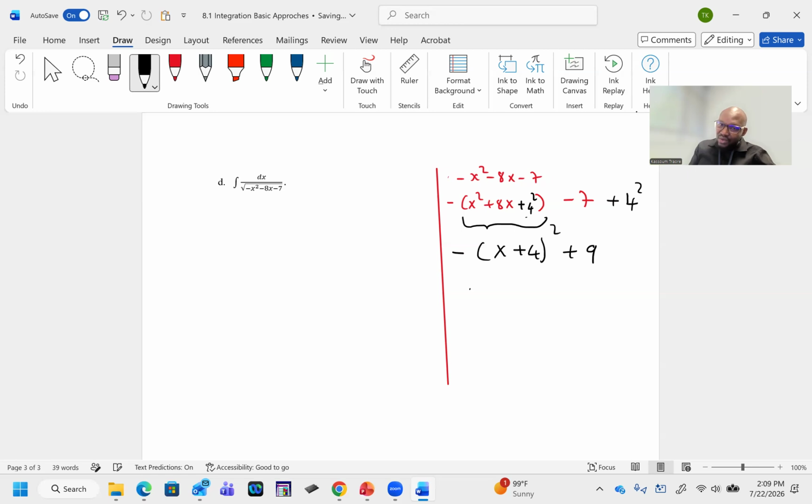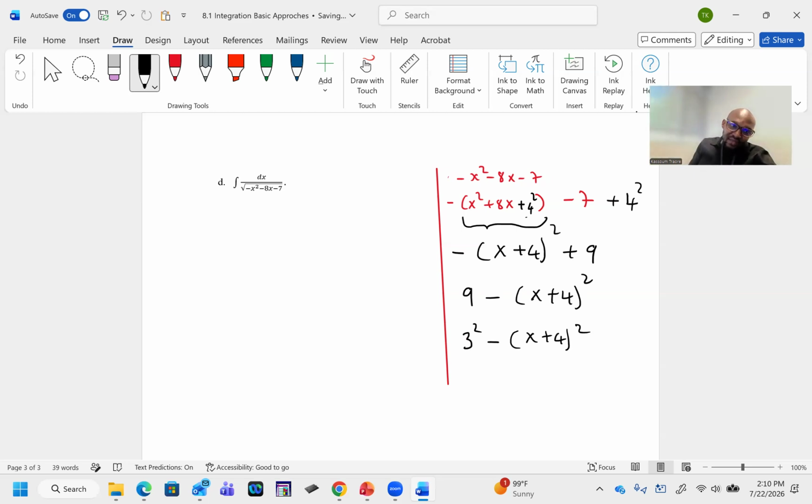So basically we'll have what? 9 minus x plus 4 squared. Do you see it? So it gave me, which is what? Like 3 squared minus x plus 4 squared, right?